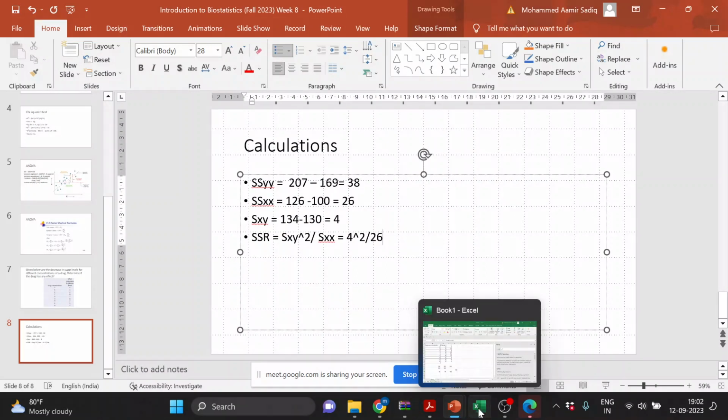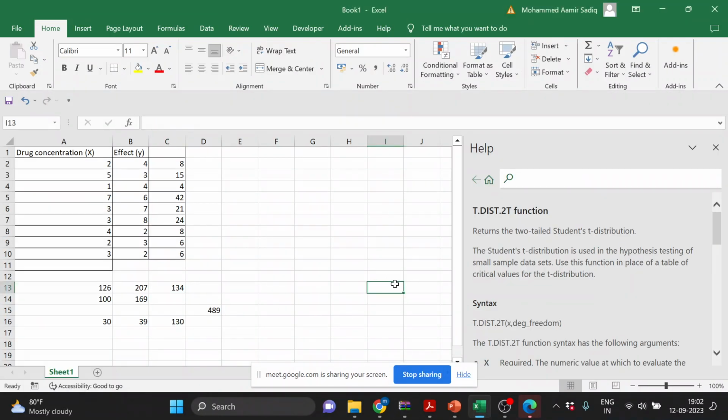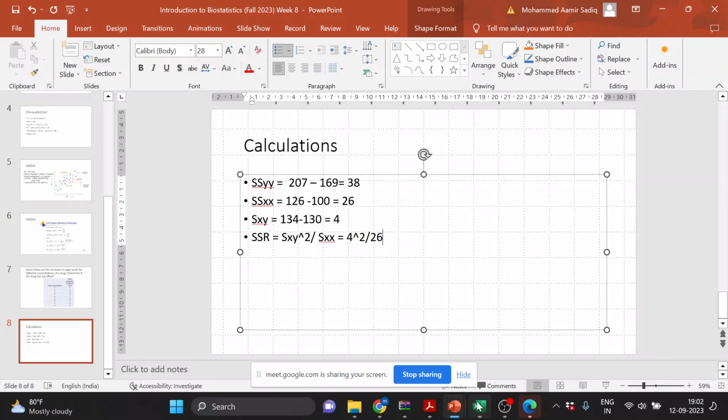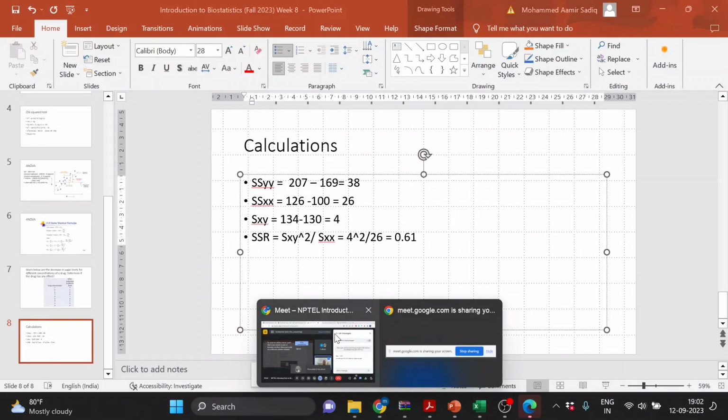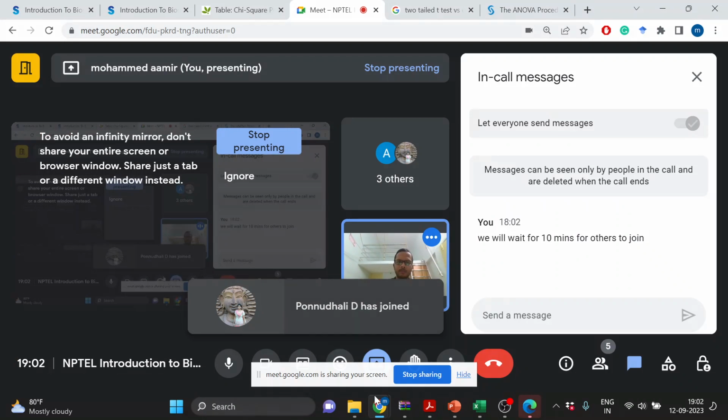Anyone? Let's do it in Excel. It's 0.61.